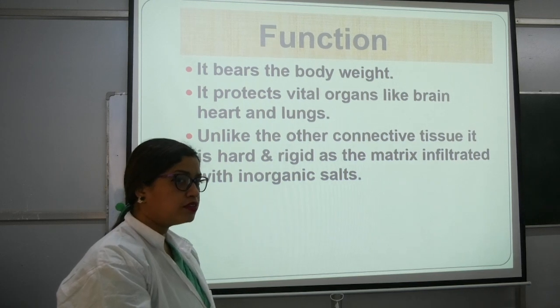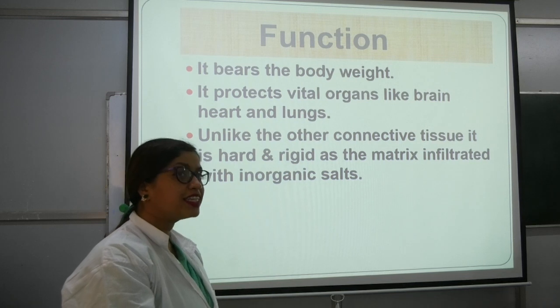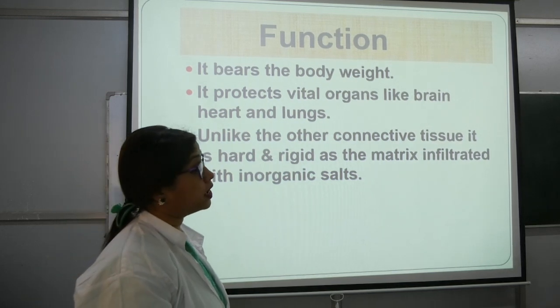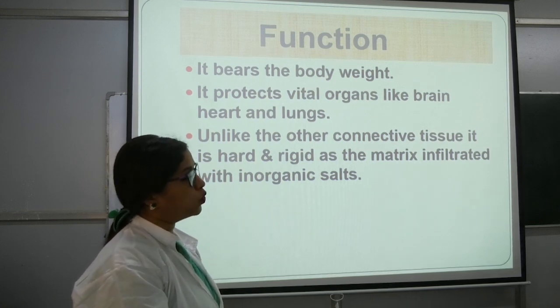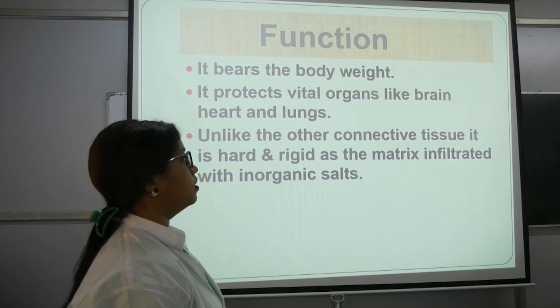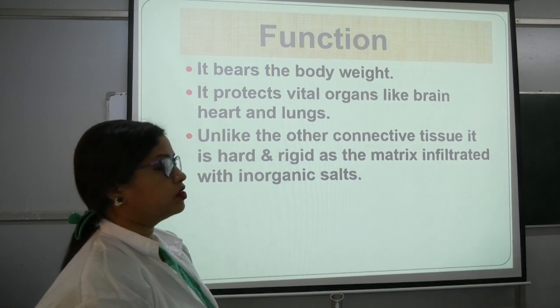Which protein? Collagen. Okay, which type of collagen? Type 1. This comes in MCQs. Type 1 collagen would be found in the bone. And there is some protein like elastin.